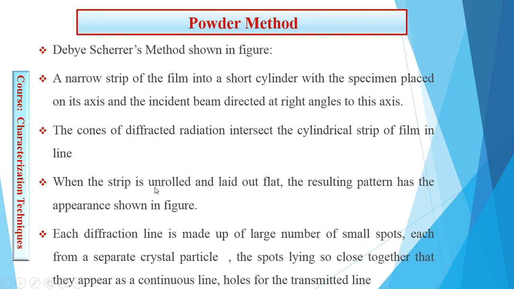When the strip is unrolled and laid out flat, the resulting pattern has the appearance shown in the figure, like rounded lines. Each diffraction line is made up of a large number of small spots, each from a separate crystal particle. The spots lie so close together that they appear as a continuous line.